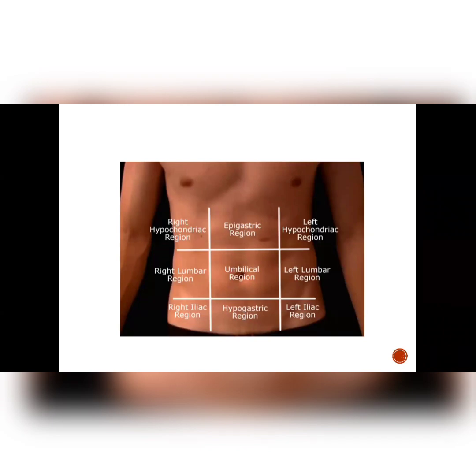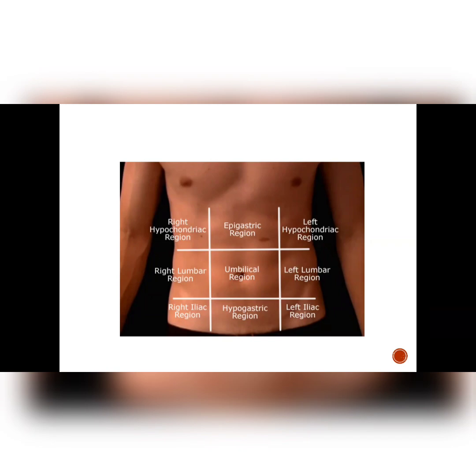What are the names of these 9 regions? Well, the centralmost region within which the umbilicus is located is known as the umbilical region. Just superior to the umbilical region, the part of the anterior abdominal wall which is superior to the stomach is known as the epigastric region.